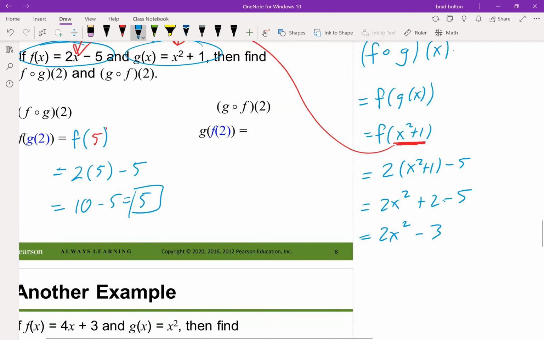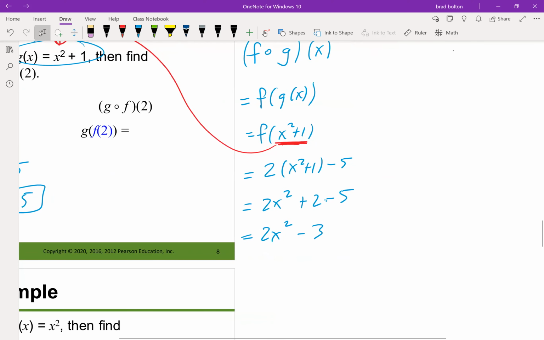Okay. Now, here's the thing. When they say to do f of g of 2, well, I just found f of g of x.